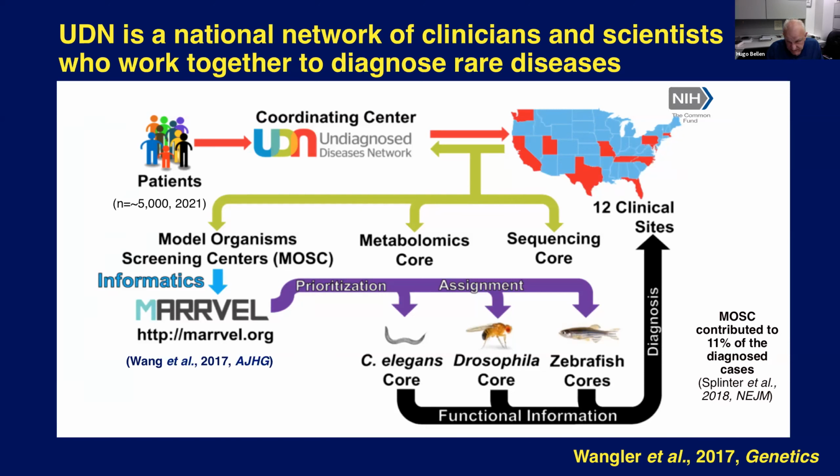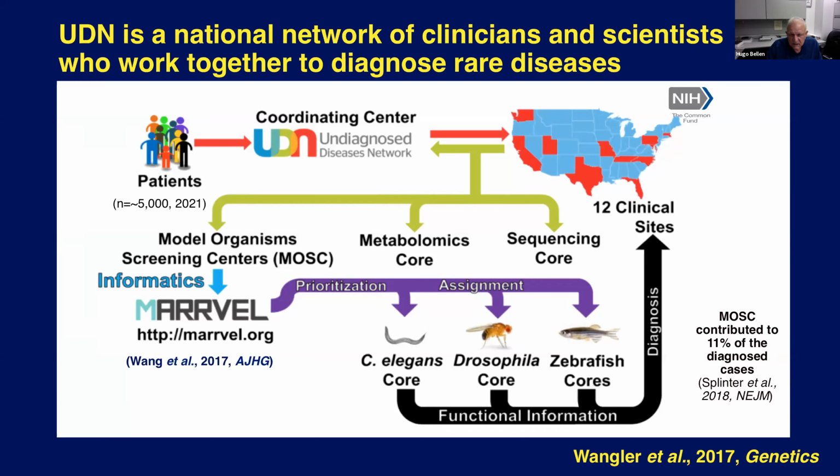They will typically sequence a trio or quattro, that is, the kid and the parents. 65% of the submissions here are children. And so we can easily identify the parents and try to determine with a trio what are all the candidate genes that might be the cause of the disease.